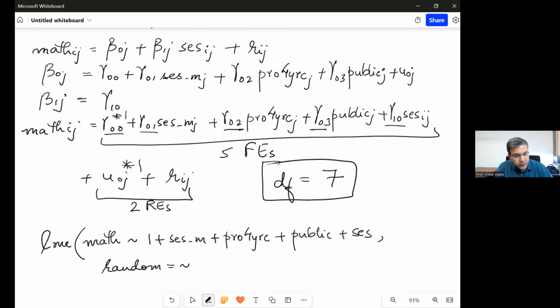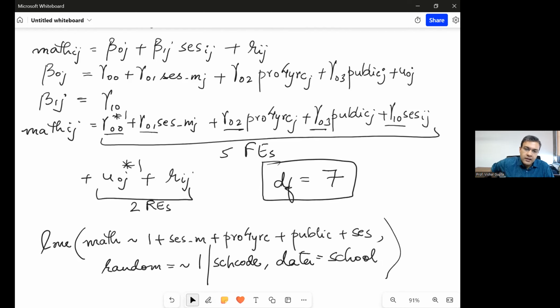U0j is nothing but the coefficient of 1. So 1, and it varies as per school code, the grouping variable. And then data is equal to school. As simple as that. This is the command that we have to write.